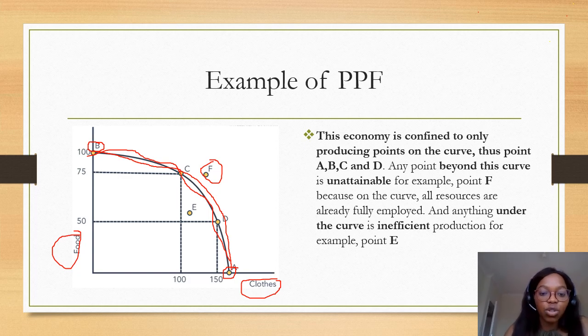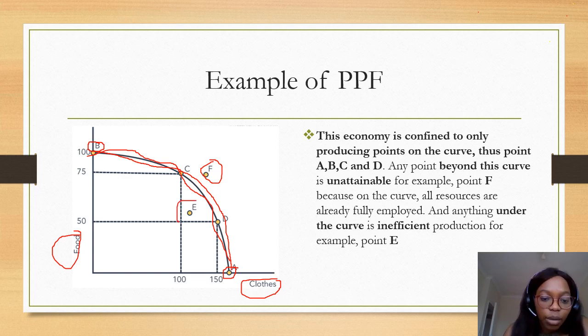So there is no way you can get more resources to produce more of both goods. You have to use the given resources, and with the given resources, if you want to produce more of one good, you need to sacrifice another good. That's just how it is, because resources are scarce. They're limited to what is given in that economy.